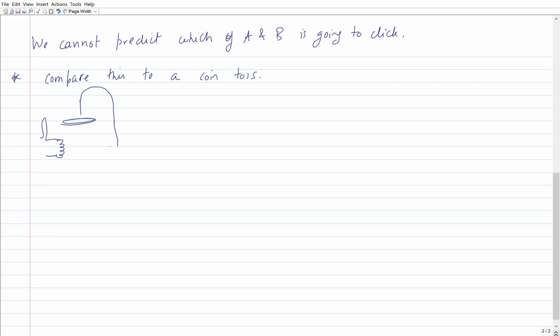The coin goes up, it does its thing, and it lands somewhere. This is the coin toss. And let's say I had a fair coin, so I have a 50-50 chance of heads or tails.